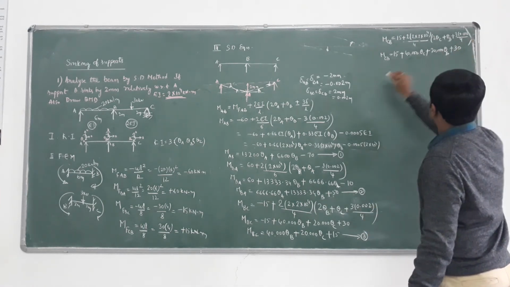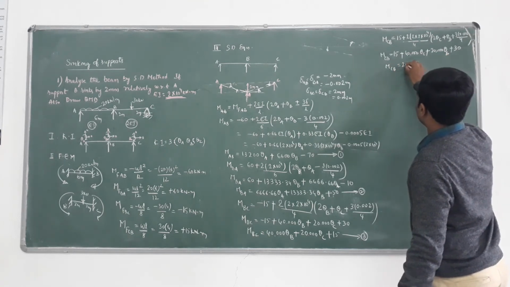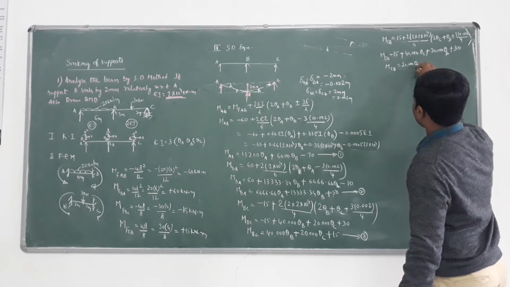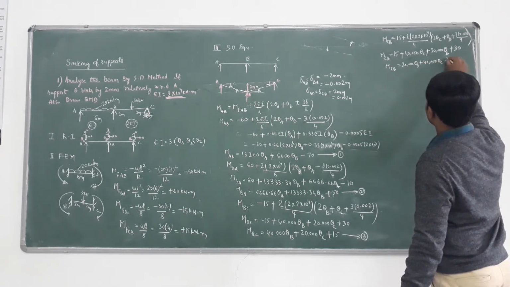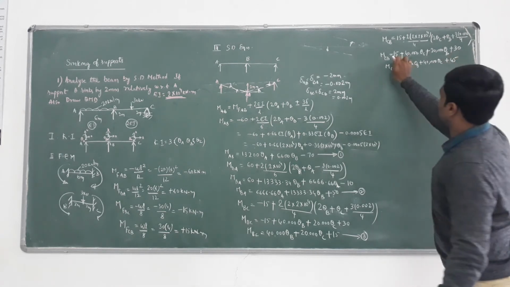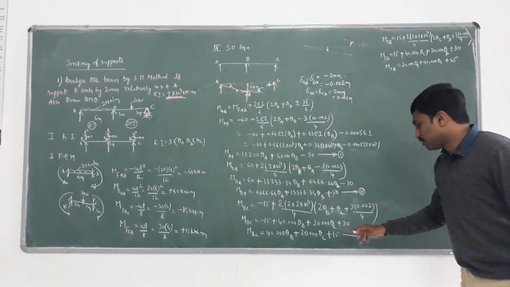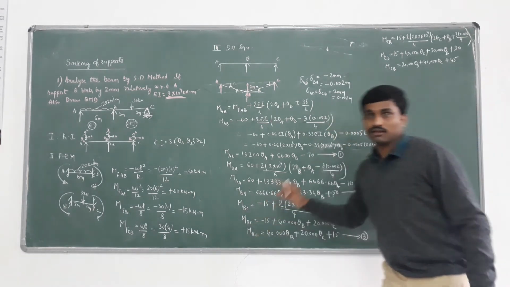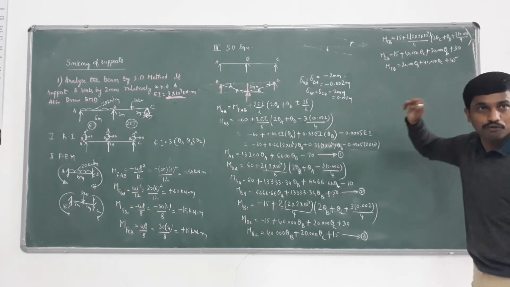Very simple. Next, MCB equals, first writing the theta b value, 20,000 theta b plus 40,000 theta c plus 45. Here it is plus 30 minus 15, and here it is plus 30 plus 15, which will become plus 45.